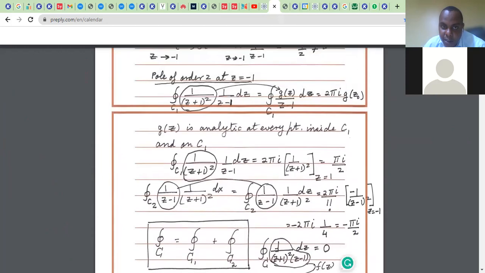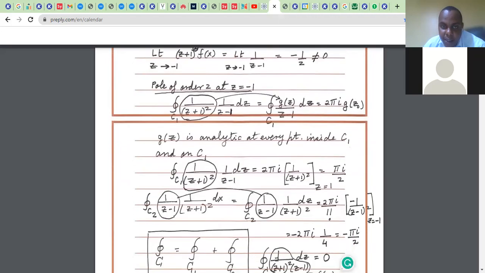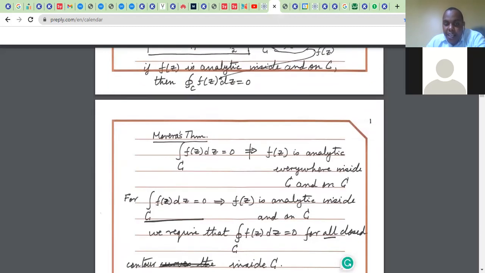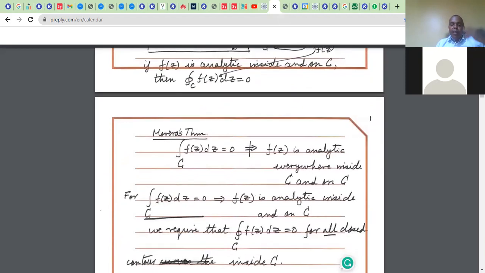So g(z) is analytic at every point inside C1. Oh, g(z) is analytic, that's true. So he's trying to show that this function is not entire, it's not analytic everywhere, but we have found that its integral is 0. So it only means that we can have a function that is not analytic and the integral happens to be 0 as well.